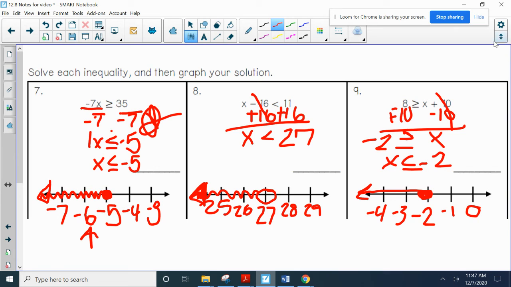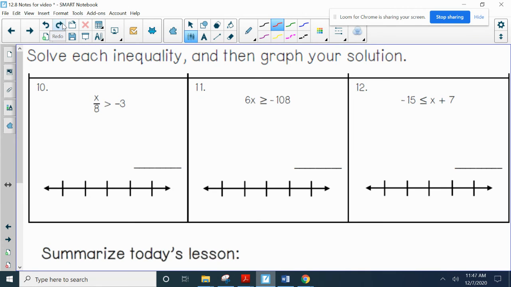All right, so here is your check to make sure you've got everything. I want you to pause this. I want you to solve and graph 10, 11, and 12. Summarize what you've learned. When you unpause it, if you got these right and you feel comfortable with this, you can go and do your Schoology work.